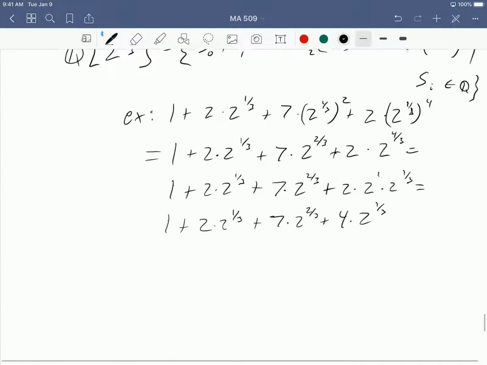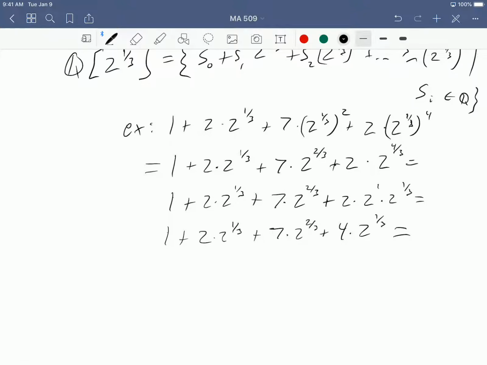So combining like terms one more time, it looks like I have 1, 2 to the 1/3, I have 2 of them, and another 4 of them. So I have 6 times 2 to the 1/3, and I have 7 times 2 to the 2/3. And that's the cleanest way to write this.